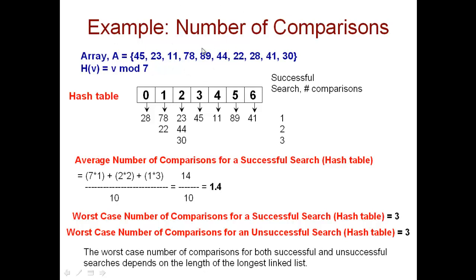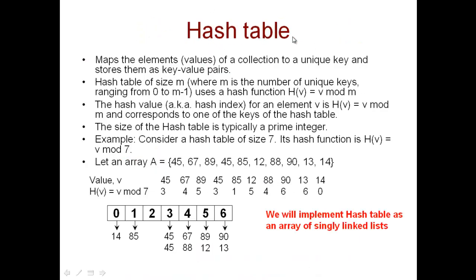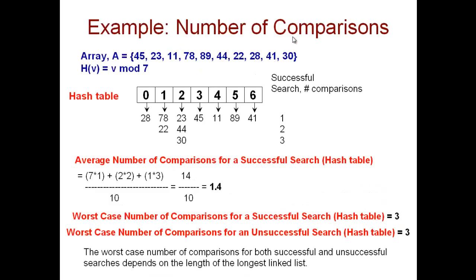Alright, so given this array, it's not the same array as before, so it's a different array. And the same hash function v mod 7, so that means once you fix the hash function, pretty much the size of the hash table is fixed. We have 7 elements or index entries in the hash table. So it's an array of linked lists. How many linked lists? 7 linked lists.